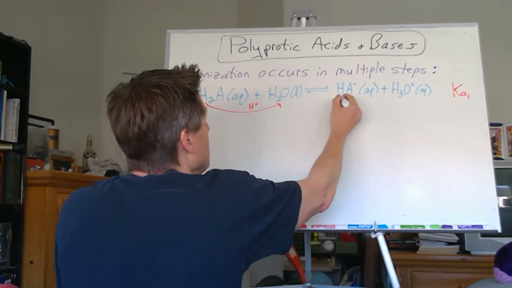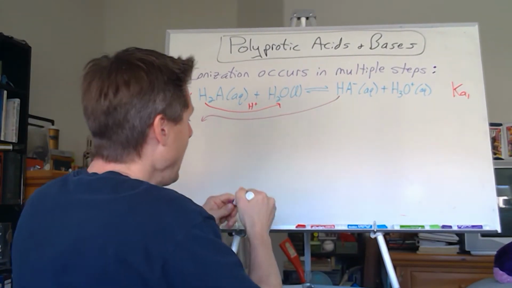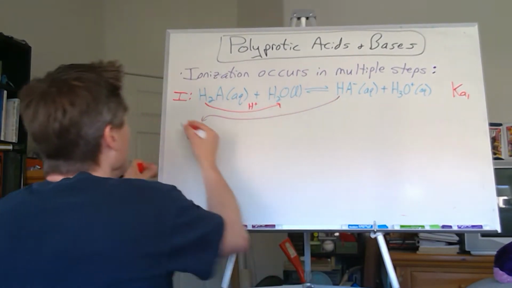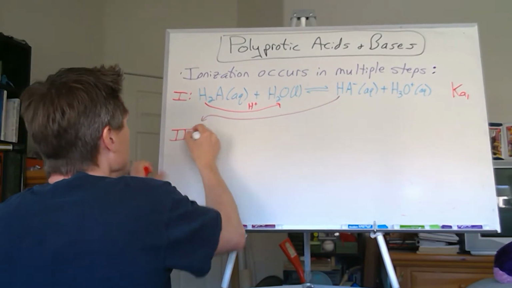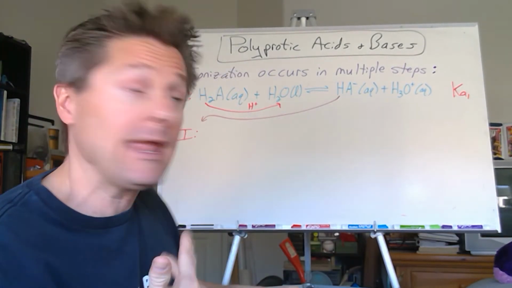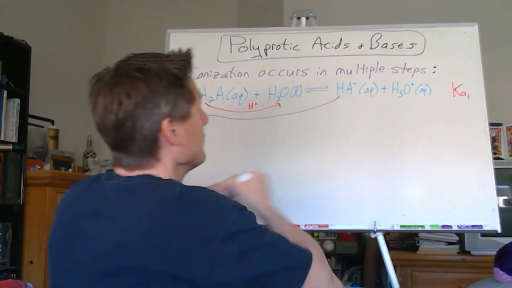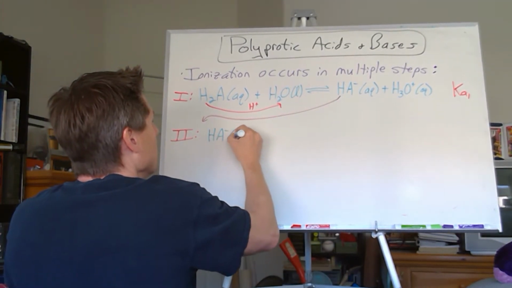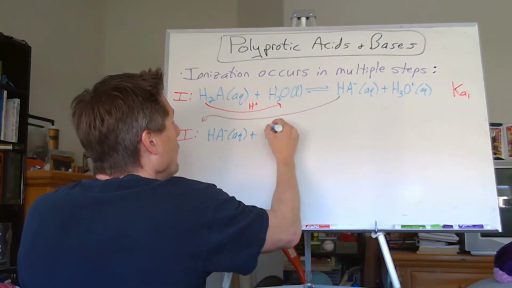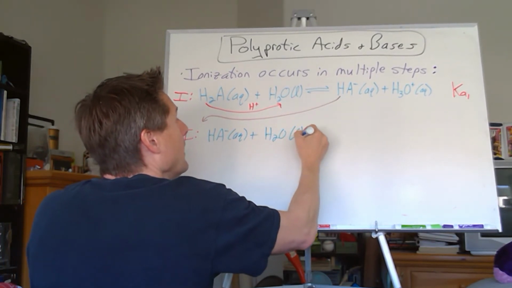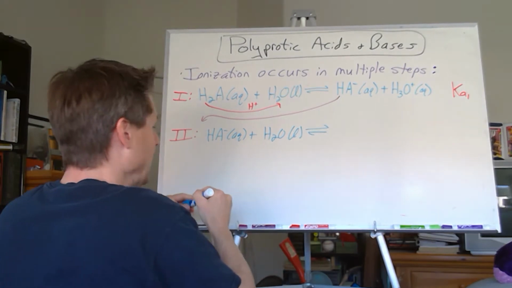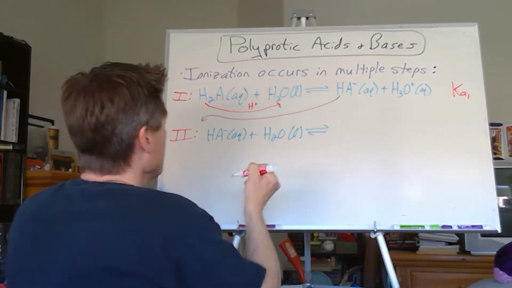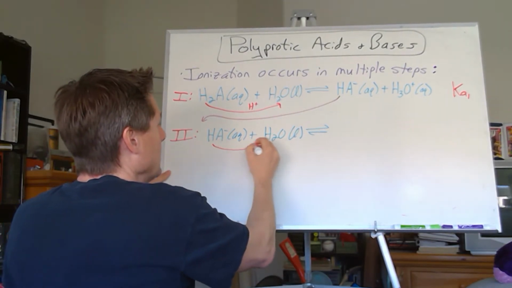So this comes down. Let's take this species here, and that can now come down in step 2 to further ionize. Let's write that out. So let's take the HA minus, whatever A is, doesn't matter. That can also donate a proton to water, just like it did in the first step. So this could go, hey, I've got another one to give.